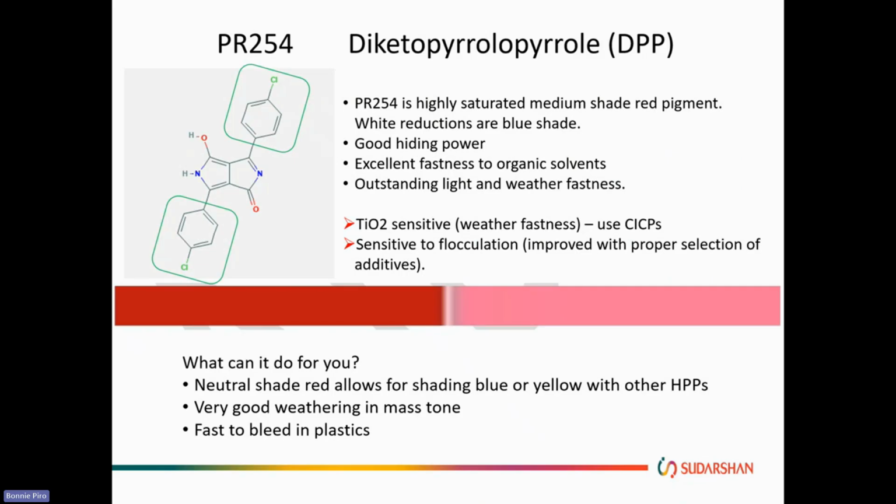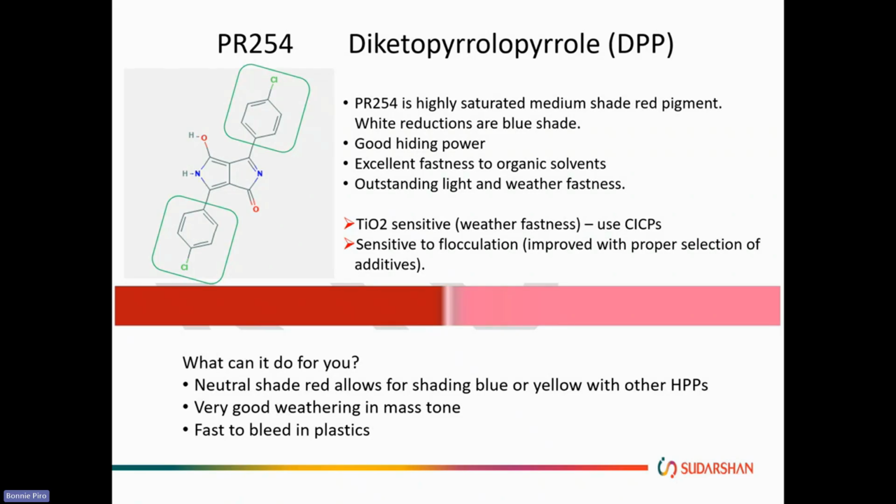So one way to formulate around that, if you need to be in that more pastel shade area, is to get there a different way, perhaps using a yellow 53 CICP to get that lightness, that opacity, along with the red 254 to gain that durability, exterior weather fastness that might be required.